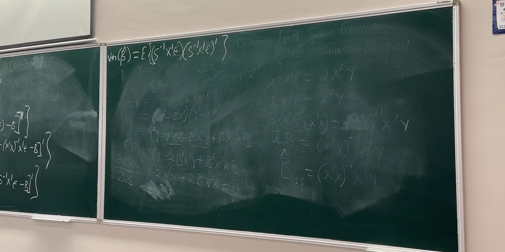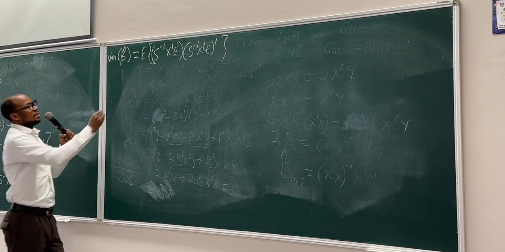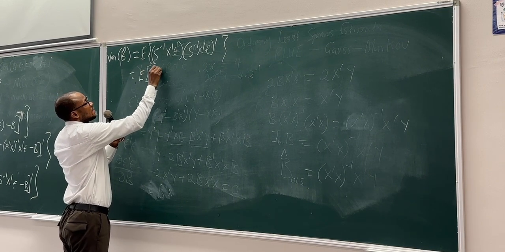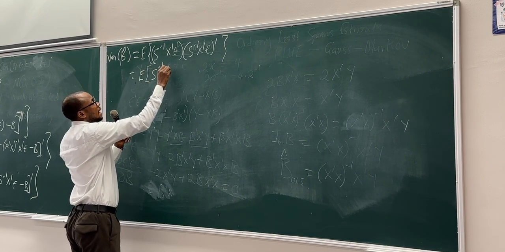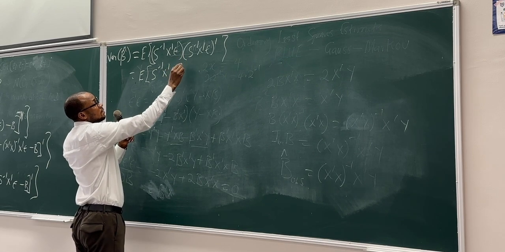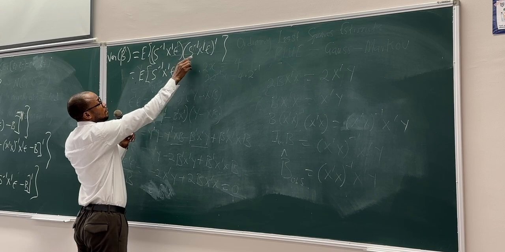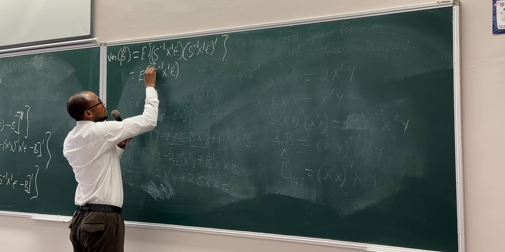So you guys already know how we got to this point. Now this is just simply a product, right? So this becomes the expectation of what? X inverse, X prime, E, then transpose, right? Now we need to transpose this matrix.